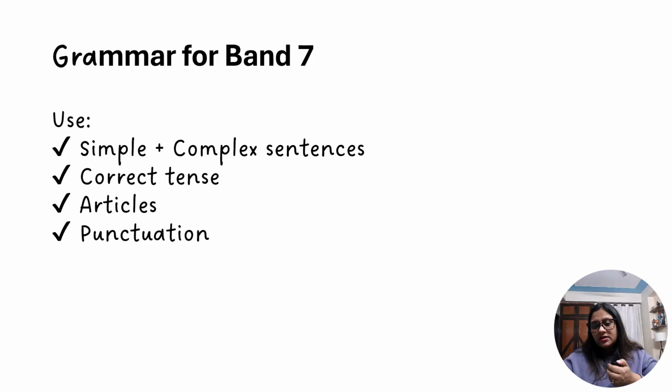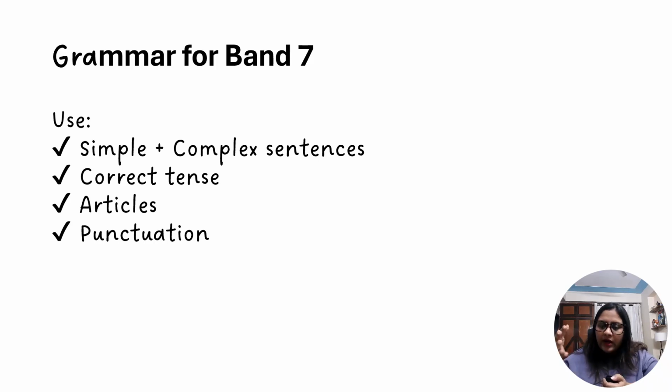So it's important that you avoid such mistakes. And then punctuation, yes, punctuation is very crucial, because mostly as students we have used full stops and commas, but we don't exactly know about the use of the semicolon, how to use it.